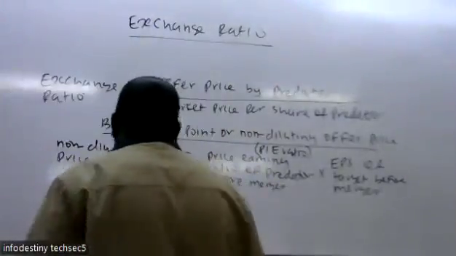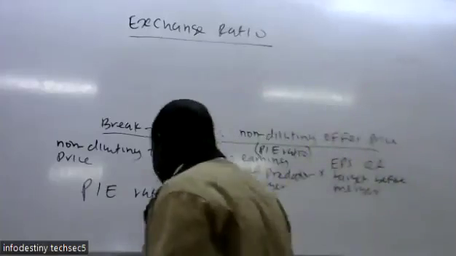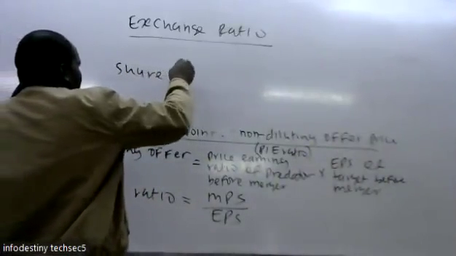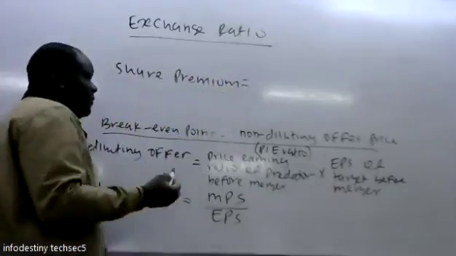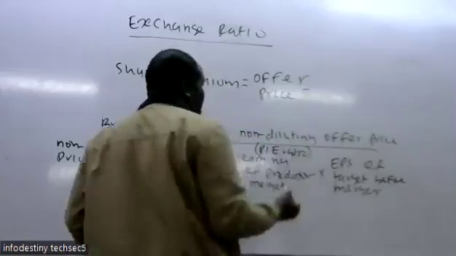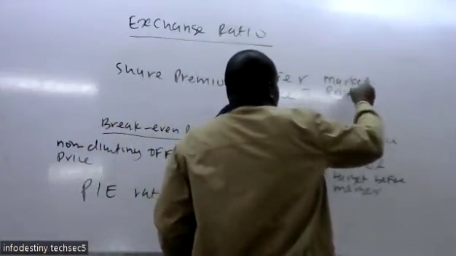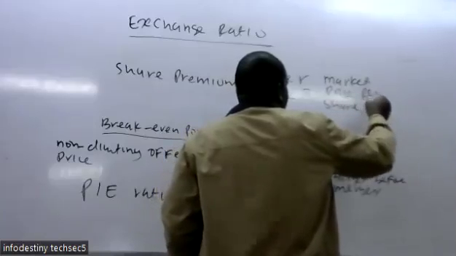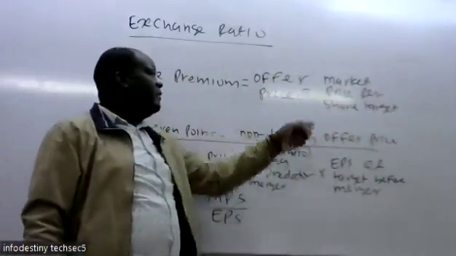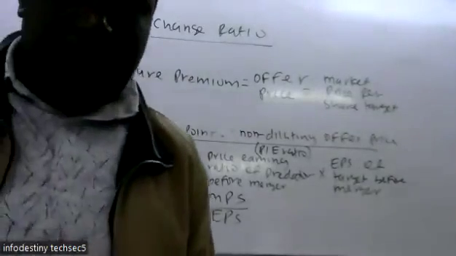Also, when you want to compute the share premium, the share premium is supposed to be given by the offer price minus the market price per share of the target.